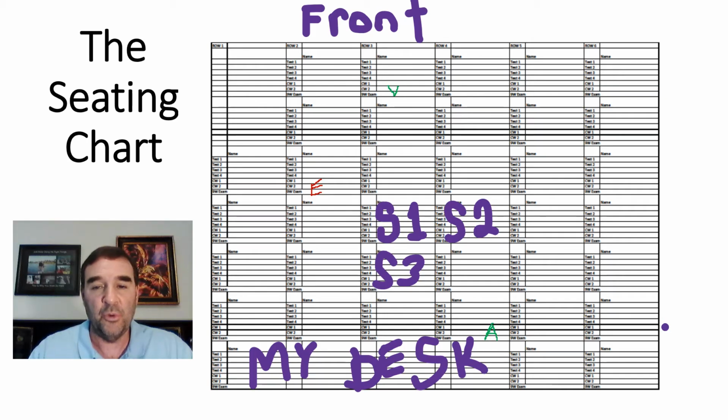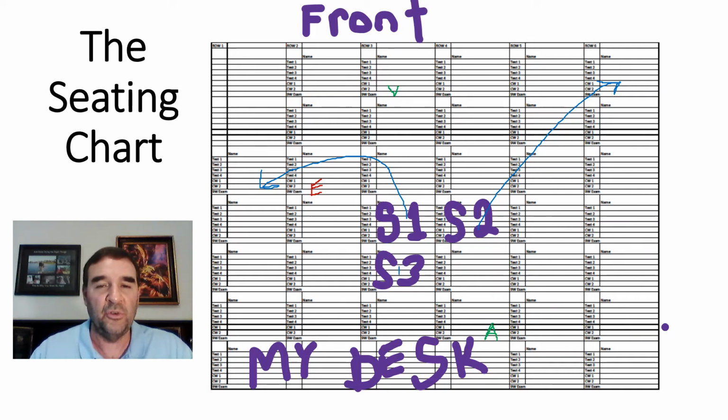And what I do in this particular case, I'll move student 1 over to this seat and have the person in that seat move to where student 1 is. I'll have student 2 move over into this seat, and have that person switch with student 2. And student 3 has a tendency to need to be redirected to learning quite often.